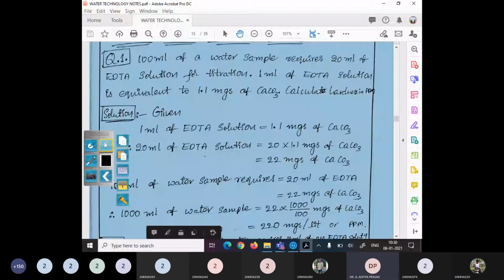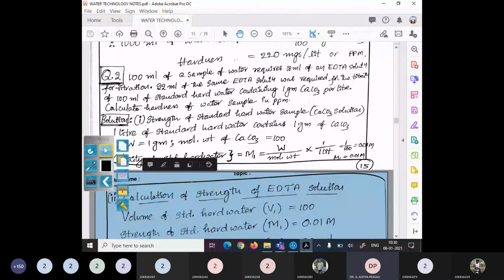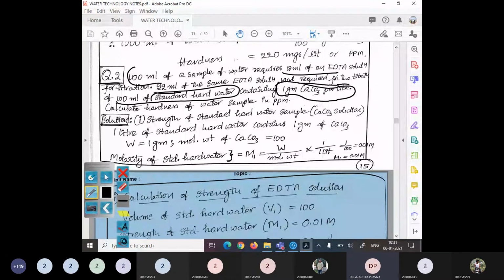Next, let's see the second type of problem. If you observe, it is the same as the earlier problem. 18 ml of water sample requires 18 ml of EDTA solution for titration, and 22 ml of the same EDTA solution is required for 100 ml of standard hard water, which contains 1 milligram of calcium carbonate per liter.